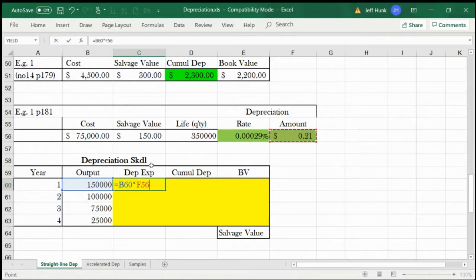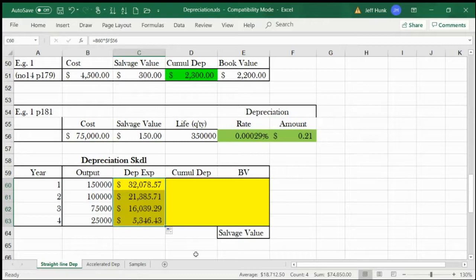Since it's going to be this times the output times this, you don't want that F56 to change. So you got to lock it, and you can now drag it down. Okay. I can probably call it per unit.